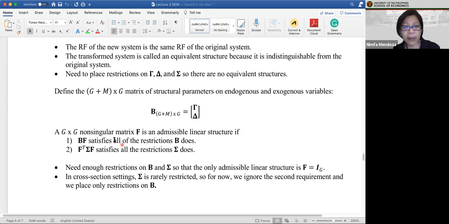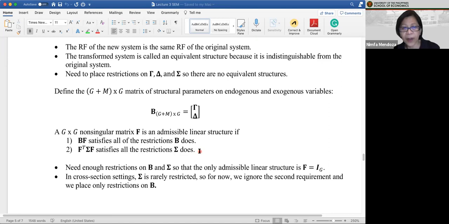A G by G non-singular matrix F is an admissible linear structure if these two conditions are satisfied. BF satisfies all of the restrictions B does, F is just any non-singular G by G matrix. F transpose sigma F satisfies all the restrictions sigma does.